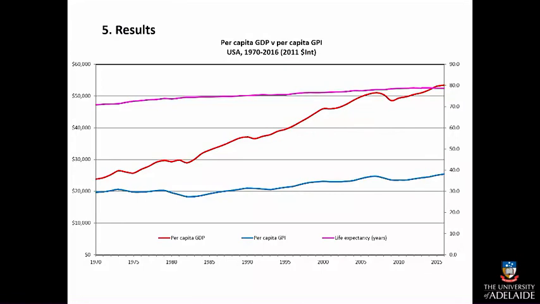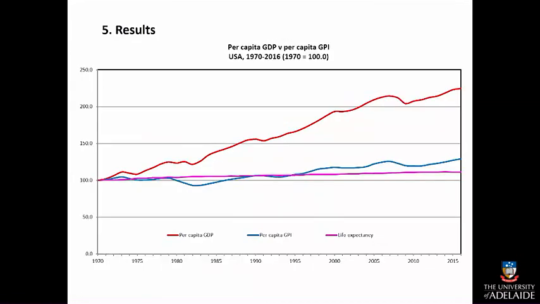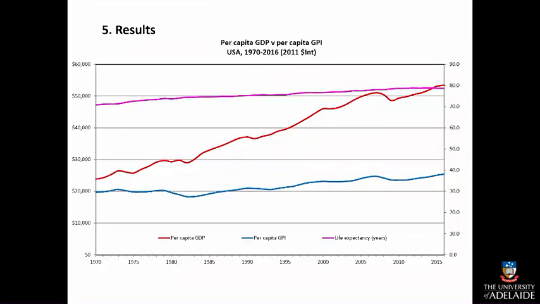Some people argue that really it's this one that matters. It's the trend change that matters. I mean, what can you say about, in 1970, the per capita GPI being about $20,000? Well, again, that's just going to be the value of the difference between the benefits of what the US was doing in 1970 and what they'd done in the past, and what they were preparing themselves for the future, and the costs.